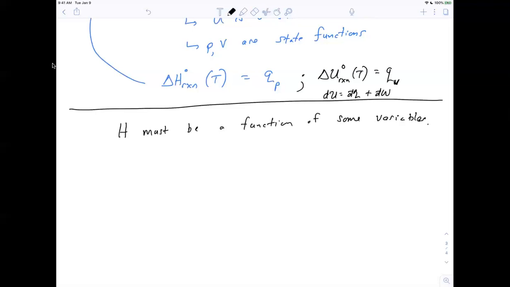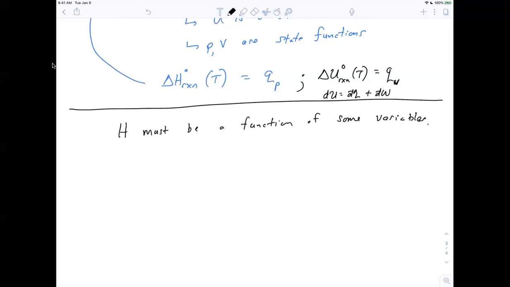There are a lot of parallels between the two. And the thing that distinguishes them is that one is associated with processes at constant pressure, that would be H, and the other is at constant volume, which is U. Okay, so that's something to keep in mind.